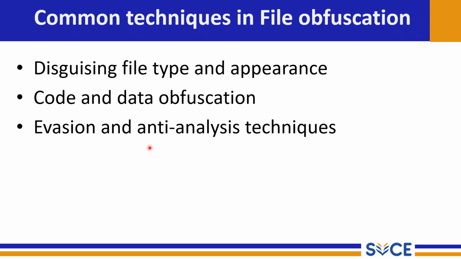And next, in network security, some systems may obfuscate file names in network transfers to prevent them from being easily identified or manipulated, right? So these are the common cases in file obfuscation.